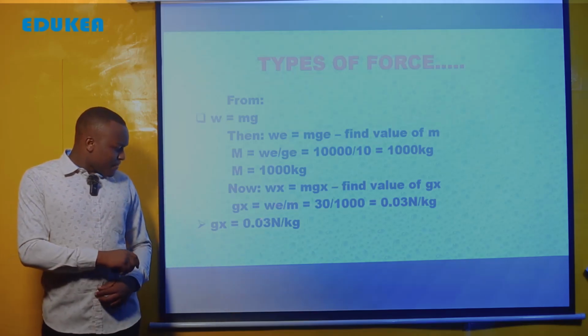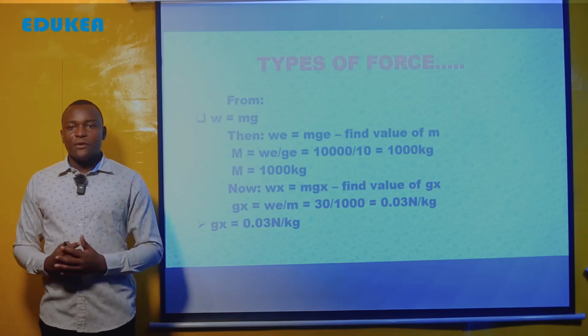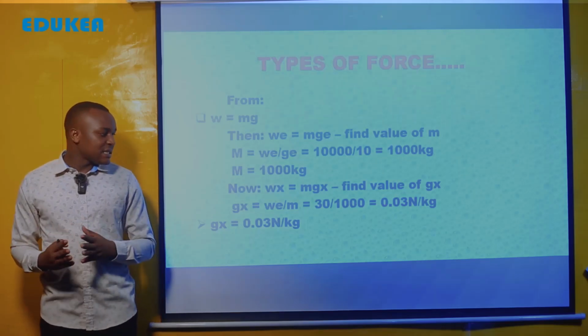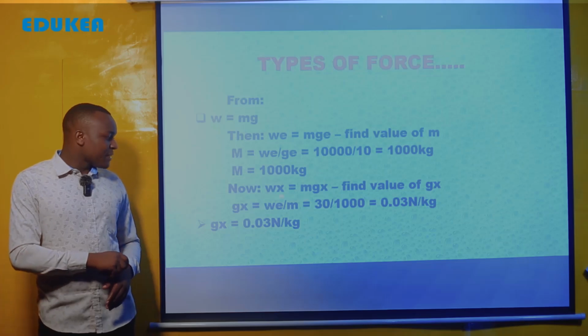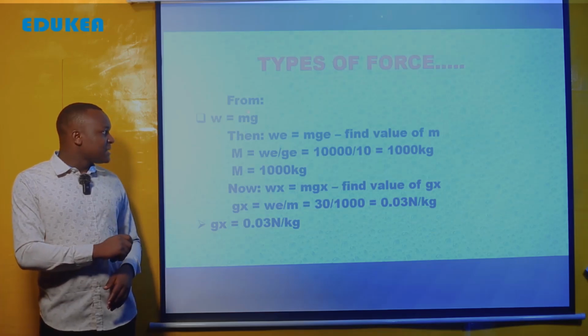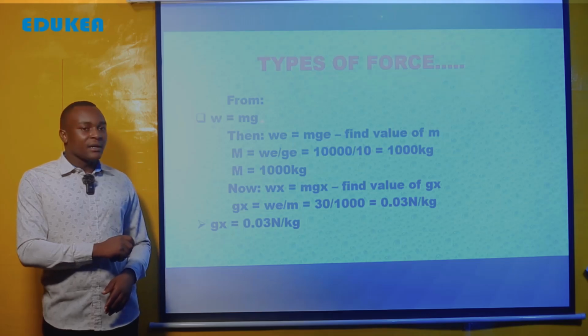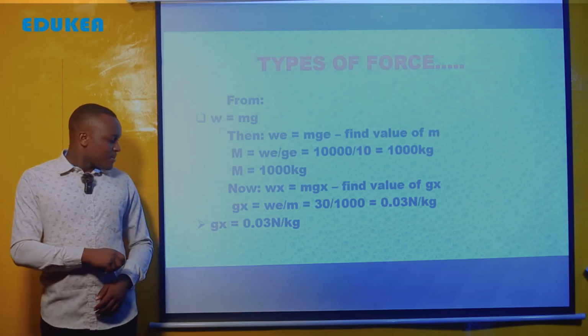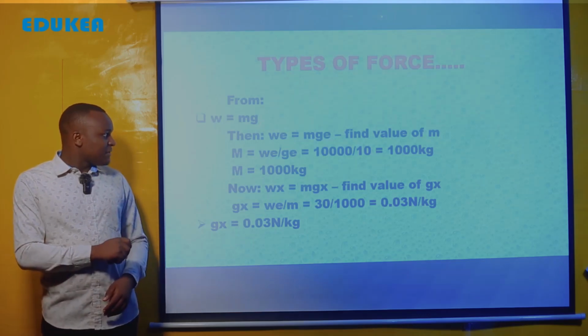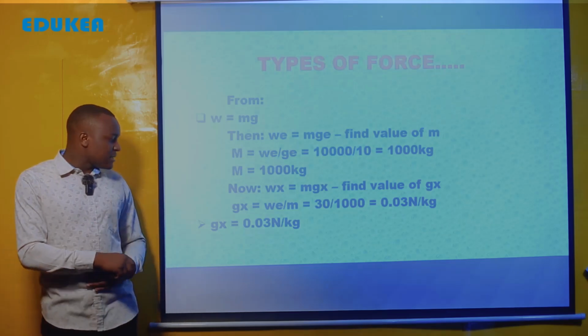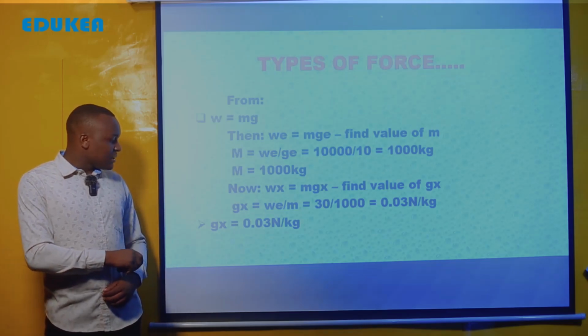So now let's find the gravitational force when the object is at planet X. We know the formula for calculating weight is mass times the gravitational force. But now, for the gravitational force, we will use the gravitational force at planet X, which is equal to Gx.